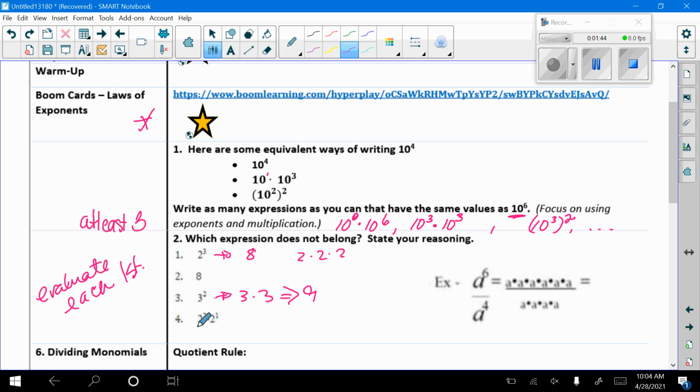And this is 2 to the 2nd and 2 to the 1st, which gives me 2 to the 3rd, which is 2 times 2 times 2, which is 8. So 8, 8, 8, this is 9. So 3 squared is different. It does not equal 8. That's my reasoning.